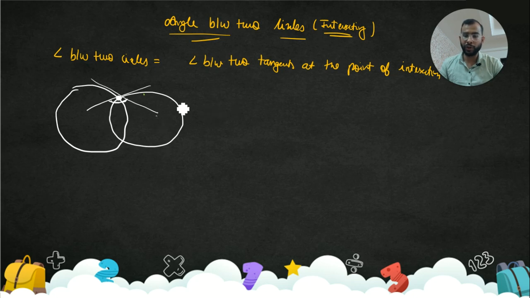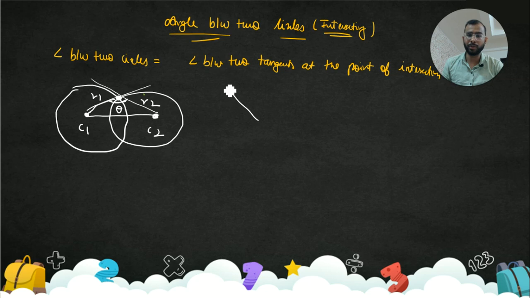For your understanding, assume this is center C1, C2, this is radius R2, this is R1, and this angle is theta. It will look like this, the complete angle is theta.